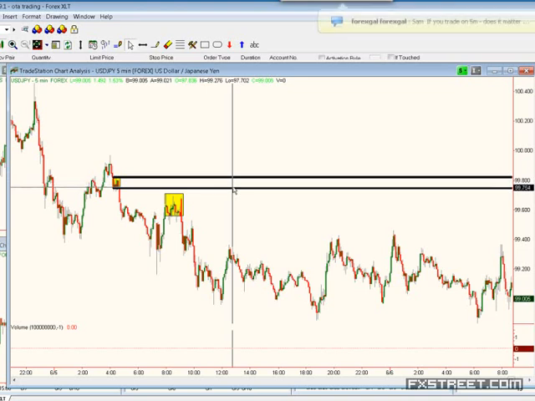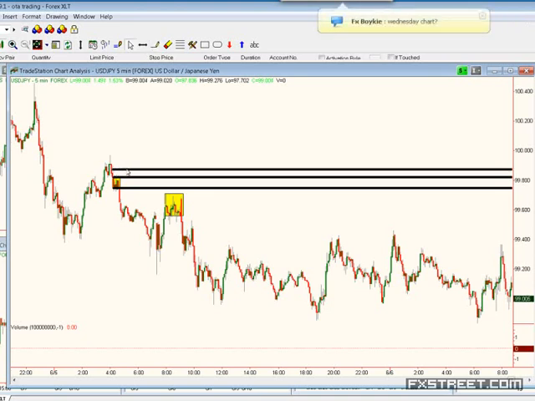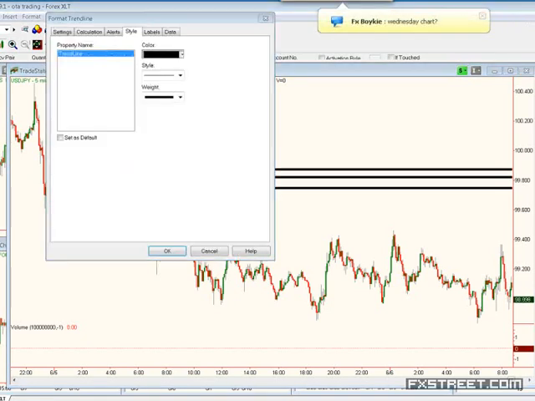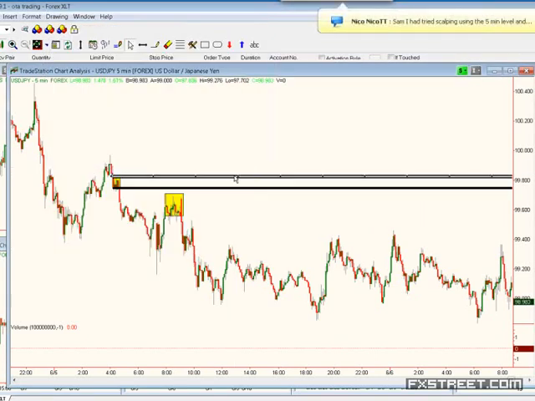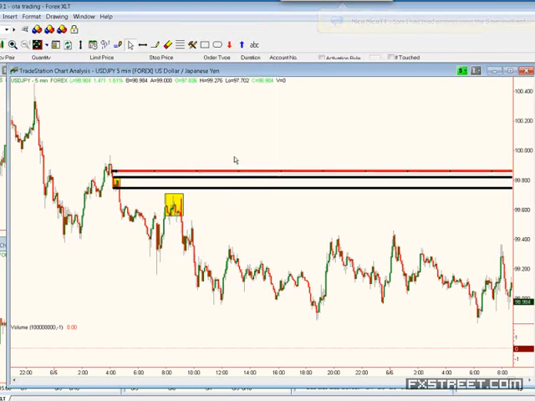Is that 75? Yeah, so it's 8 ticks. So just as a rule, I'm going to use 4 ticks as 4 pips for the stop. Okay, so I'm going to go half the level there. Okay, so right here. Whoops, sorry about that. Okay, so right there.